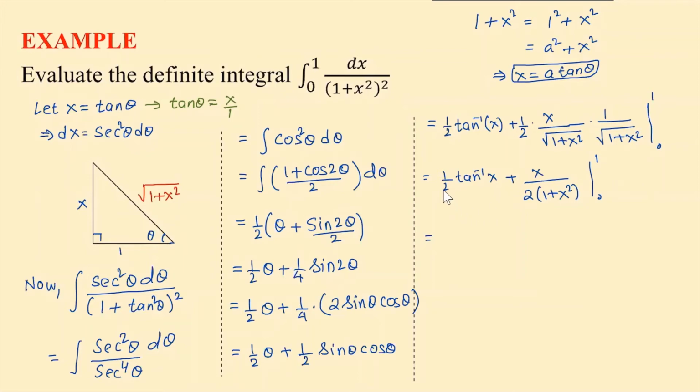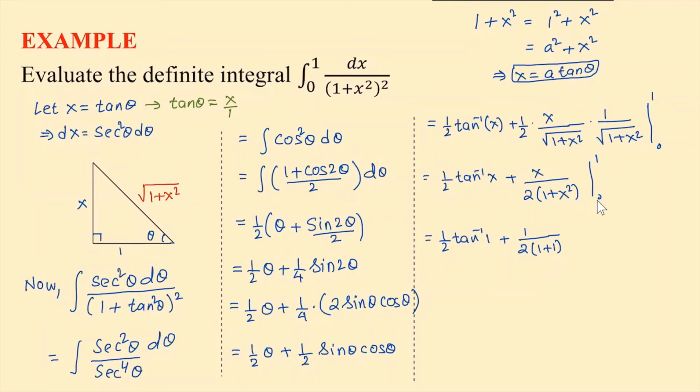If we plug in 1, it will be half tangent inverse 1, then plus 1 over 2 times 1 plus 1 squared, that is 1 plus 1. So by plugging in 1, we get half tangent inverse 1 plus 1 over 2 times 1 plus 1.